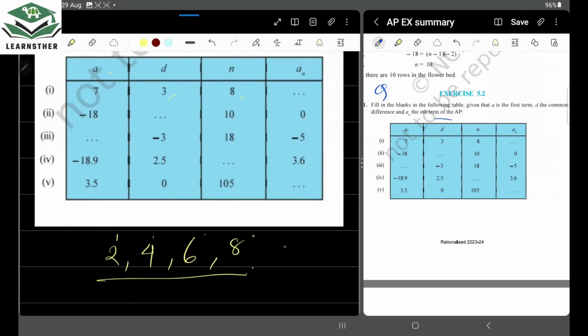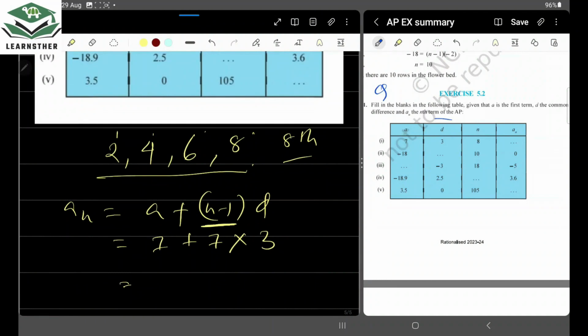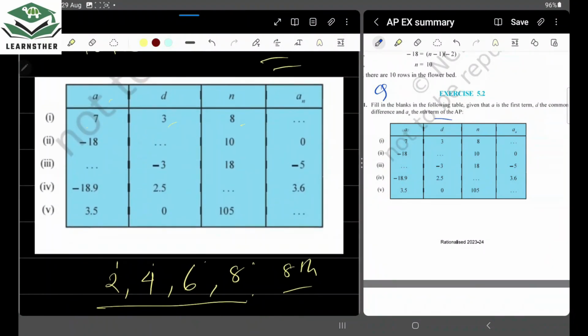Okay, so you have to find the 8th term. N is 8. So you can do it by an is equal to a plus n minus 1 into d. Okay, a is your 7. If you want to find the 8th term, this will become 7 plus 7 into d, and d is 3. So 7 plus 21, it will become 28. So here the answer will be 28.